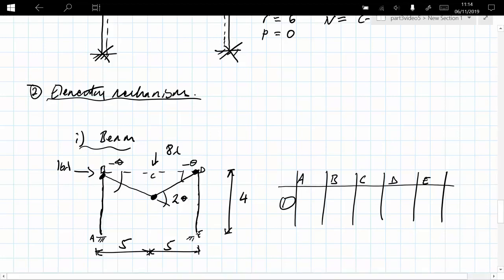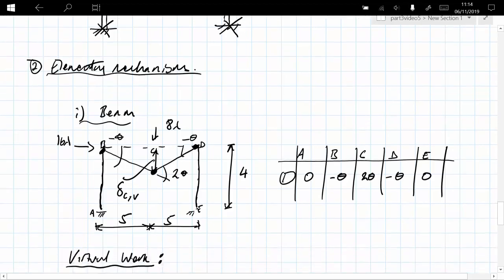Under the concentrated load, we have a vertical displacement delta C, comma V. The deformation angles then are summarized in a table as being 0, minus theta, 2 theta, minus theta, and 0.